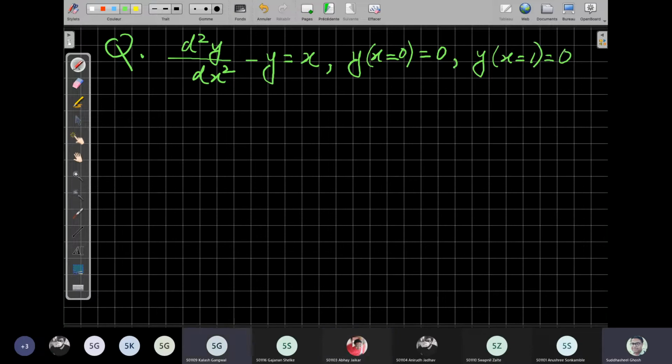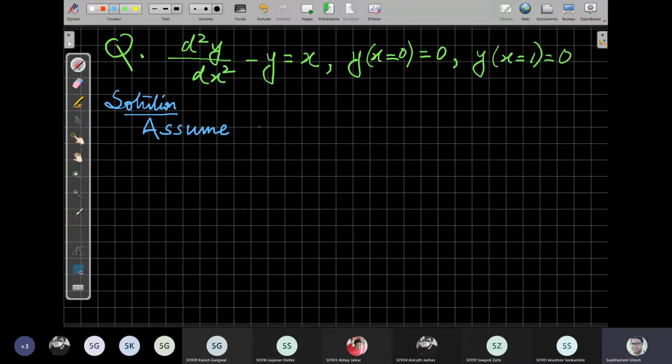Yes, sir. Okay, so I have to now attempt to solve the differential equation. So let us try to solve. Okay, so solution. What I have to do, first of all, in a first step, is assume a cubic polynomial.